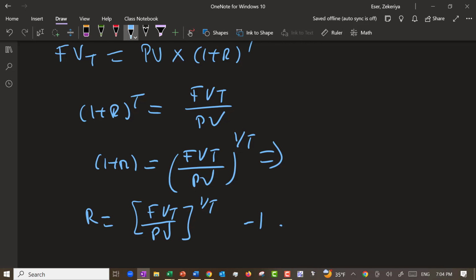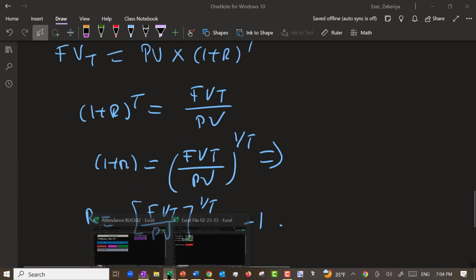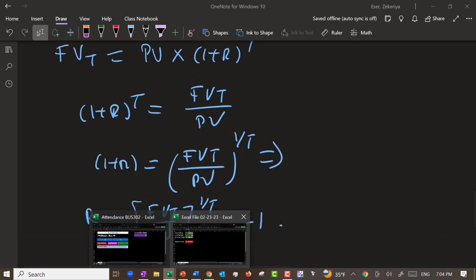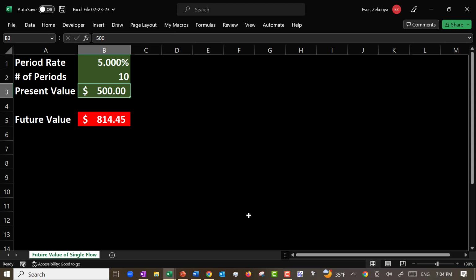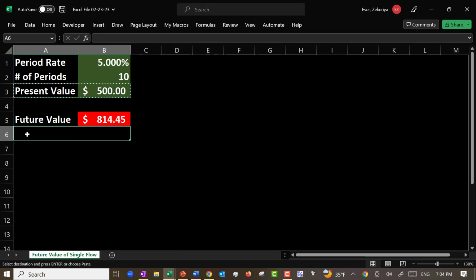Why? Because instead of doing this, I'm going to use my one trick in Excel that I use in this class a lot. I call it my one trick pony. Let me copy this and paste it here.